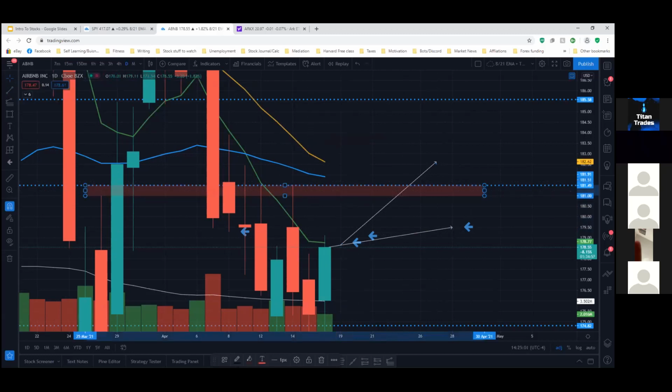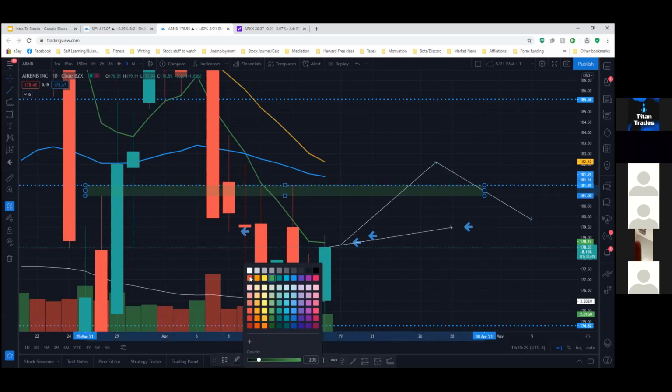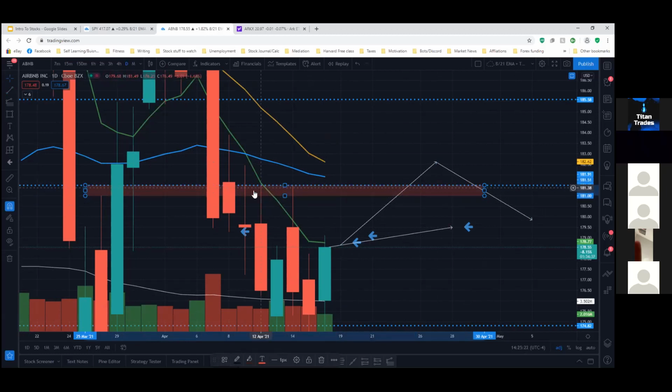This is now a demand zone, and we mark it accordingly, and we make it green. Green for buyers, red for sellers, right? And only if the price comes back down underneath this demand zone, then we turn it back to red, because this zone is still current. This zone still matters. We just have to act accordingly to see if it's either a demand or a supply zone. Does that make sense, guys?